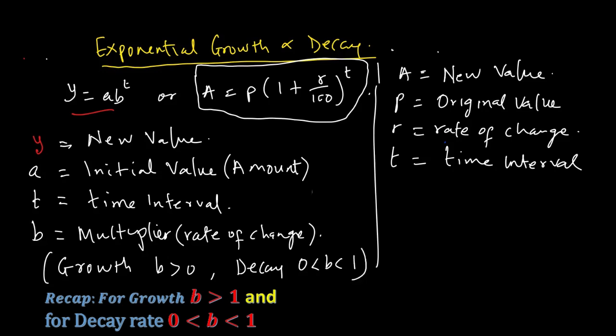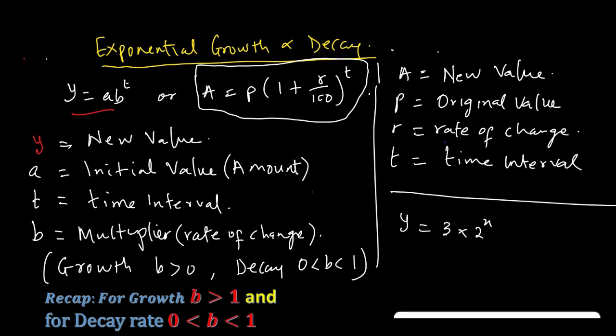Now, before we proceed with the example, we are going to use graphs to establish this concept so that we understand each of these parameters used to build this formula. Let's take, supposing we have y equals 3 times 2 raised to power s.